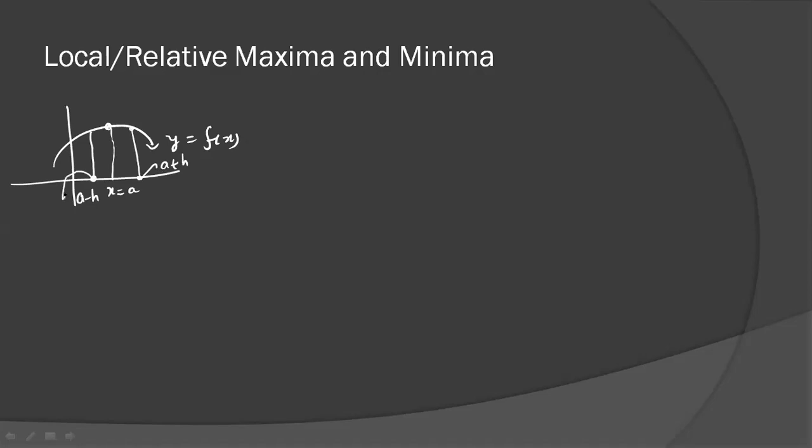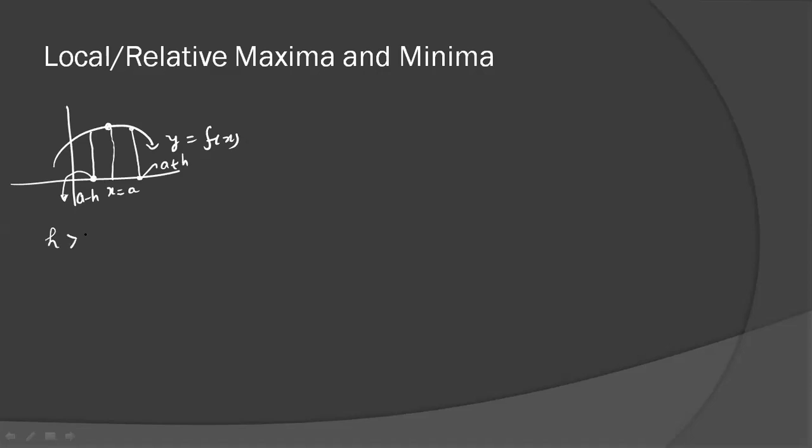Now what is local or relative maxima and minima? The word local is also replaced with the word relative. So suppose we have a function y is equal to f(x), and at any point x equal to a, these are the neighborhood of a. This is a minus h and this is a plus h. I have discussed these neighborhoods in the limit chapter and prerequisite chapter.